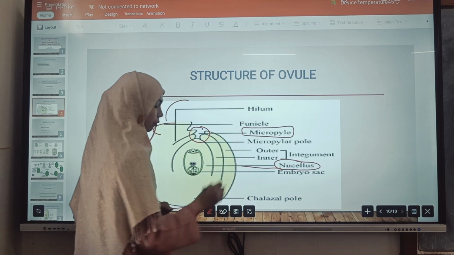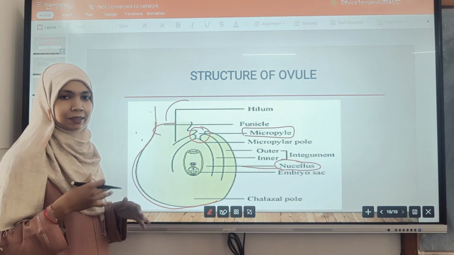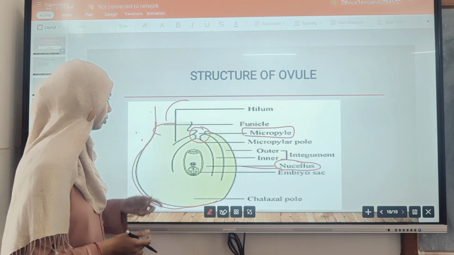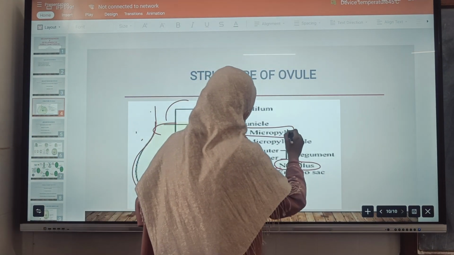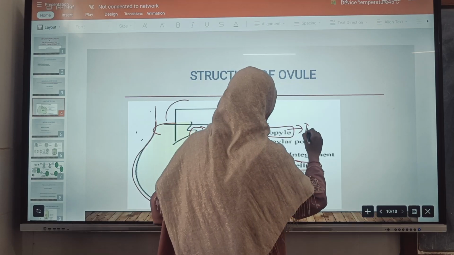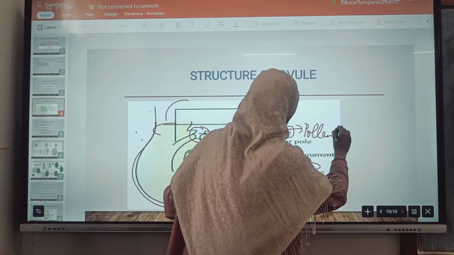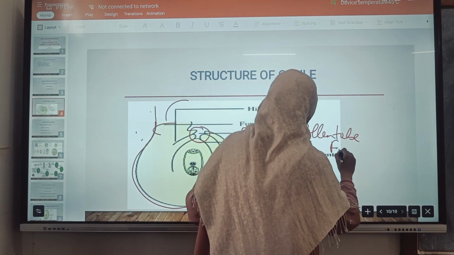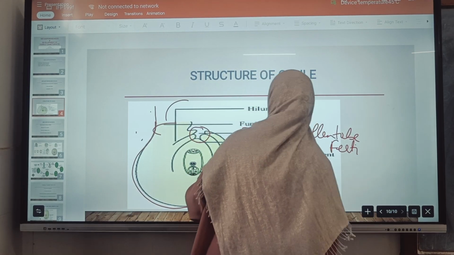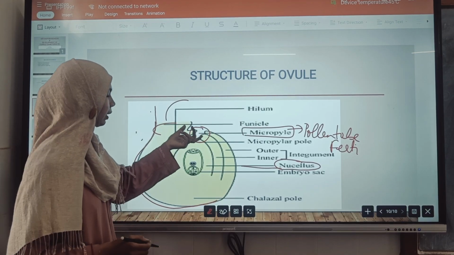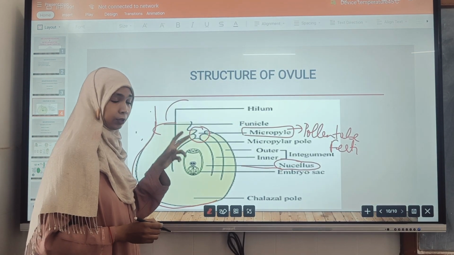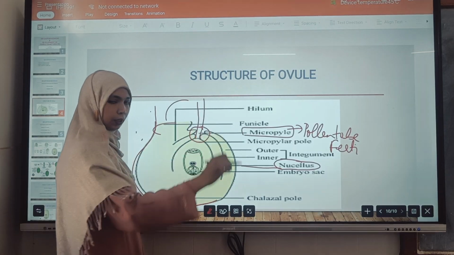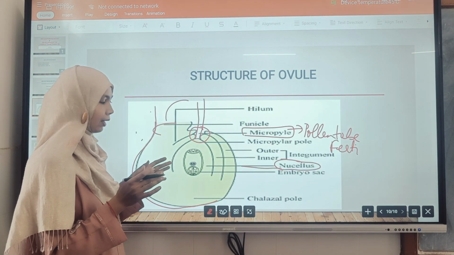Micropyle is the region where the integument is completely absent, forming a pore-like structure, and it is important for the entrance of the pollen tube during fertilization. So this micropyle is a small, tiny opening through which the pollen tube enters during fertilization.